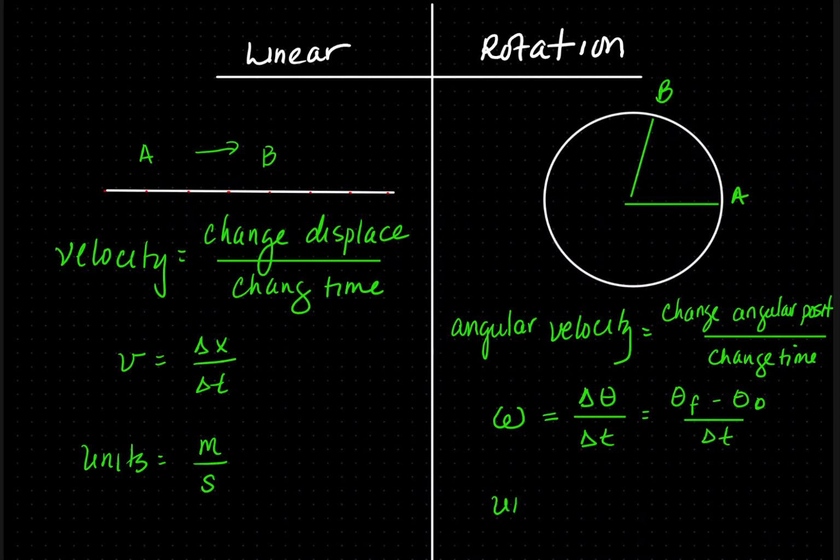The SI units for theta is radians. So this is going to be radians per unit of time, which is seconds. So as the object goes from point A to point B, it's going to have an angular velocity.